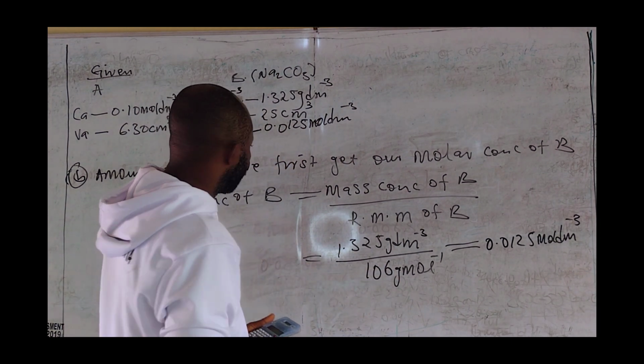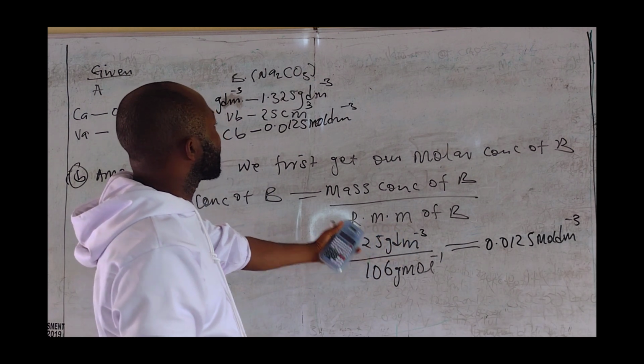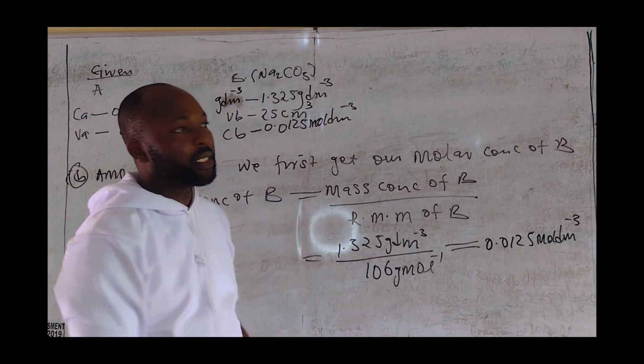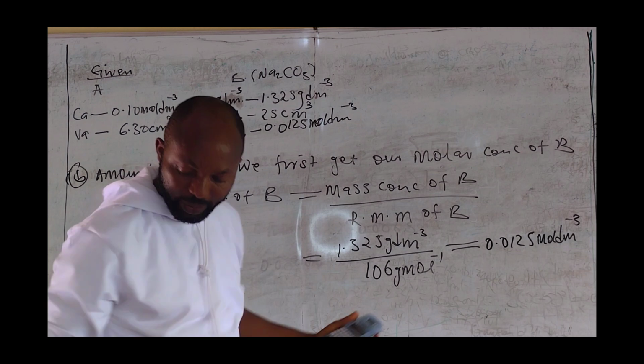Now, moving further, I have gotten my molar concentration of the base, so now I can proceed to get the amount of the base. So, permit me, let me clean the board.